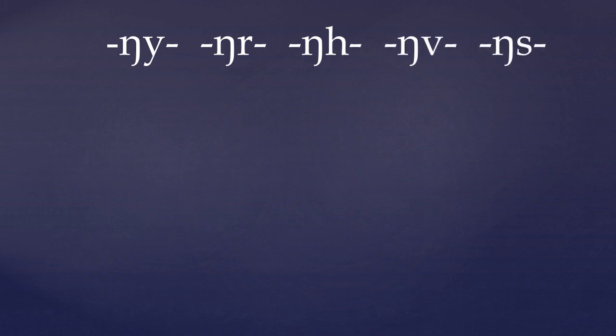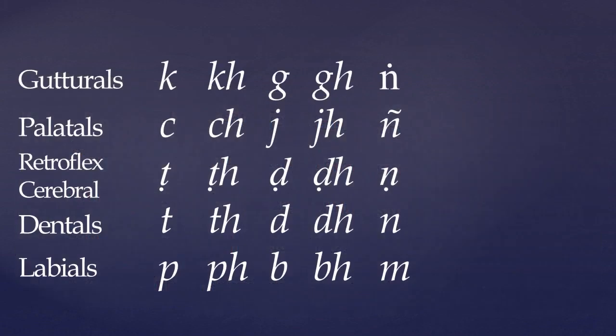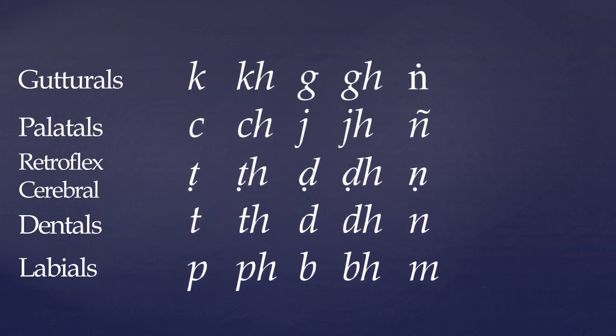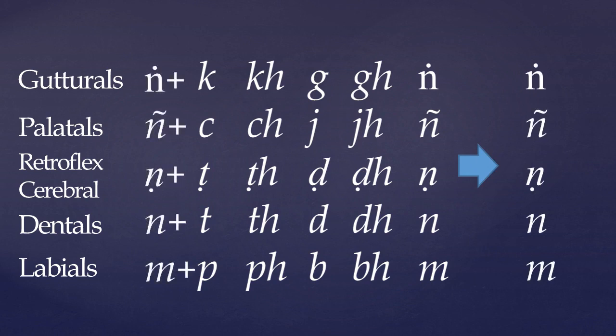And if one appears before a semivowel, that is how it's listed in the dictionary. But if it appears before one of the other consonants, it takes on the phonetic characteristics of that group and transforms into the nasal sound of that group.